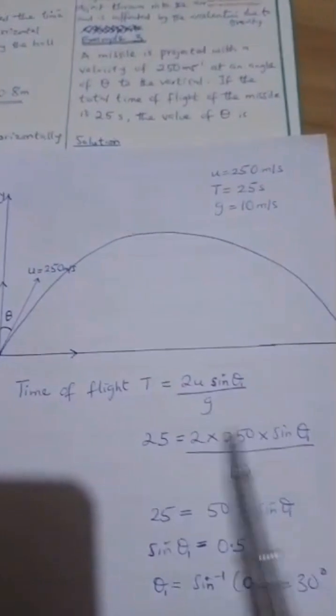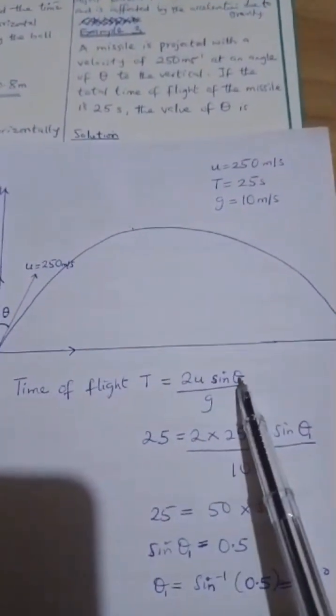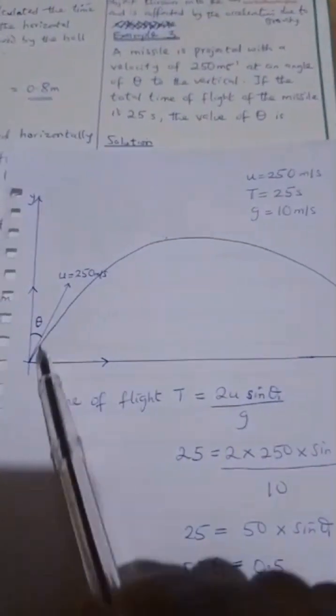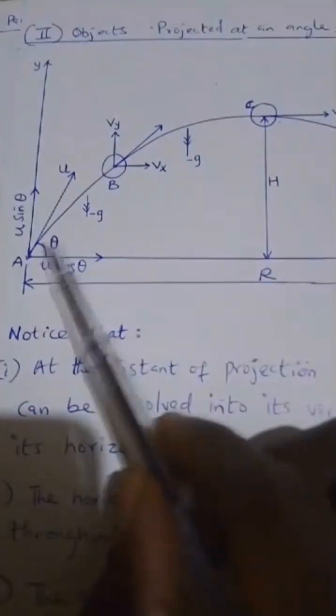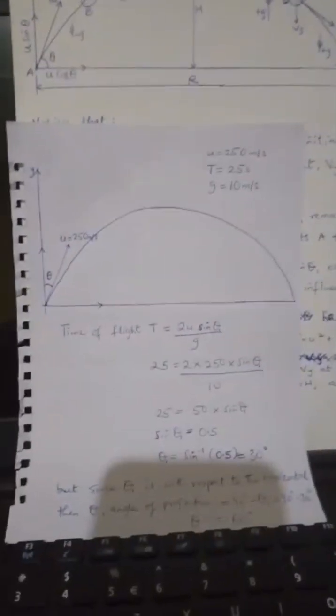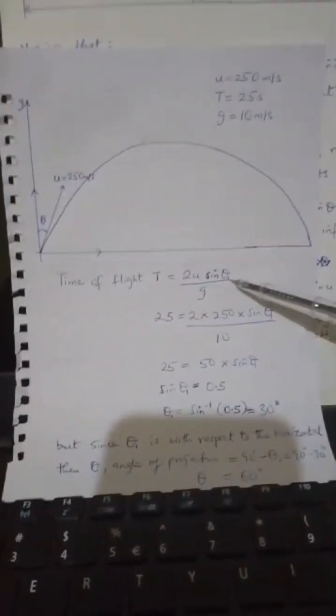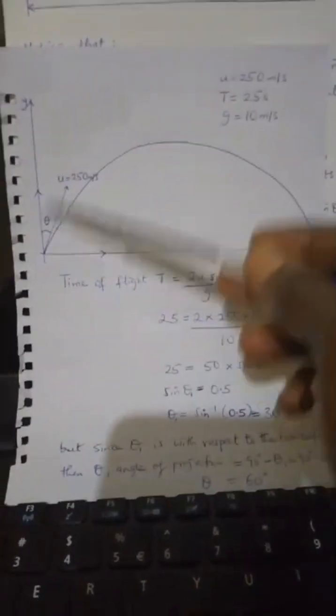Remember, this expression is for when theta is with respect to the horizontal. All the equations we derived are for theta with respect to the horizontal in this diagram.